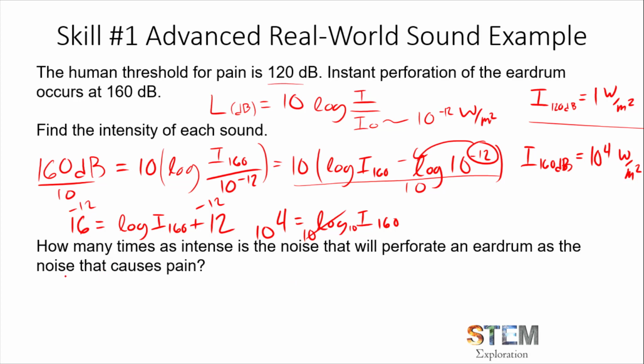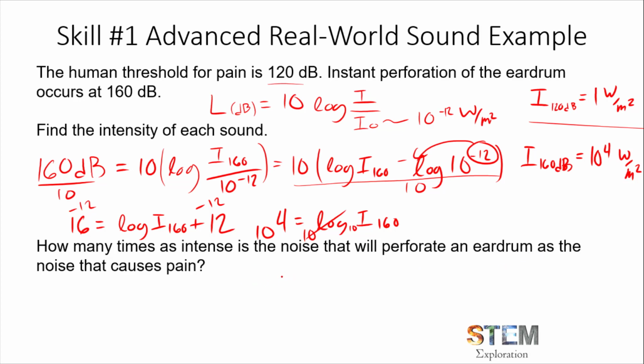And if you ever wanted to relate, and part of the reason that a logarithmic function is really applicable to a decibel type system is that if we want to analyze seismic activity and relate something from the range of 120 to 160, we can actually compare how much more intense the noise is that will perforate an eardrum as the noise that'll cause pain.